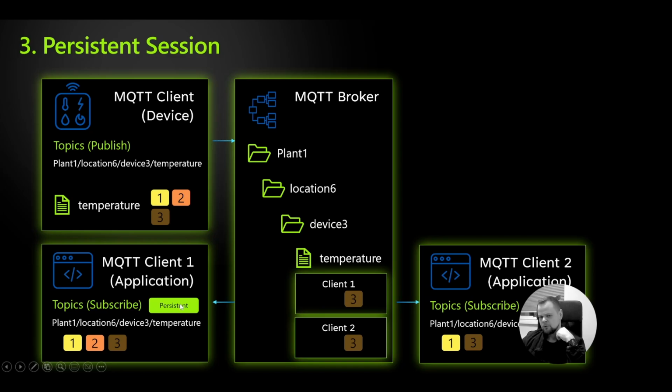But in case you're fine to lose the telemetry, like temperature or some sensor information that is not as critical for you, then you can use a non-persistent session, because like always there is a trade-off, and the trade-off is obviously the performance and load on the broker side. So if everything is made a persistent session, then the broker has to handle the queues, and it will be more load and more requirements from the hardware perspective on the broker side.